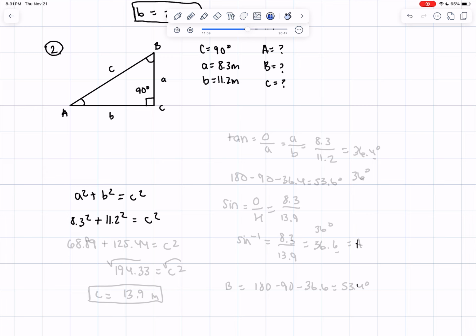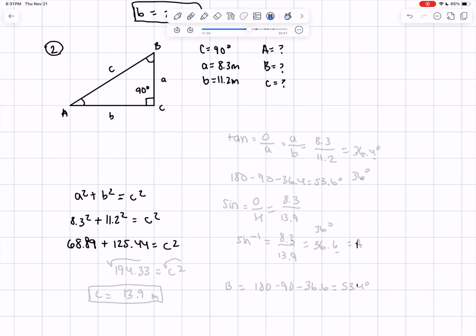So 8.3 squared is 68.89, and 11.2 squared is 125.44.